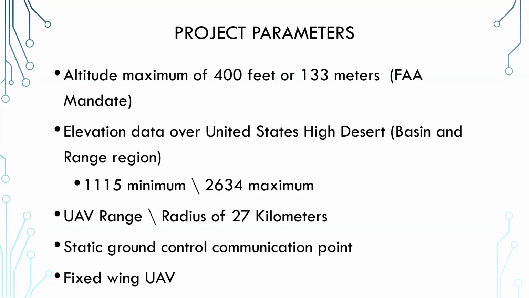The range of the UAV is 27 kilometers. Now, this is not the maximum extent of the range for the UAV; this is what actually fit into the digital elevation model tile. We also have to have a static ground control communication point, which will also be referred to as an origin point. And we had a fixed-wing UAV, not a 4-rotor, 6-rotor, or 8-rotor helo type.